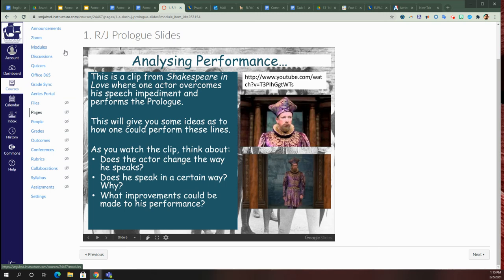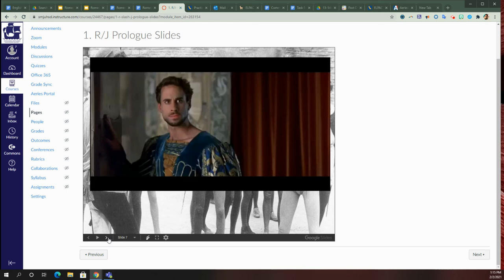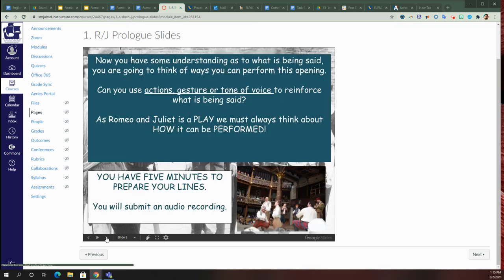How does he deliver his lines? Improvements could be made to his performance so that the weight of these words, of these details of characters ending their own lives, would be more impactful for a watching audience. And then if you're following along in Canvas, you're going to click this link and it's going to provide the video.